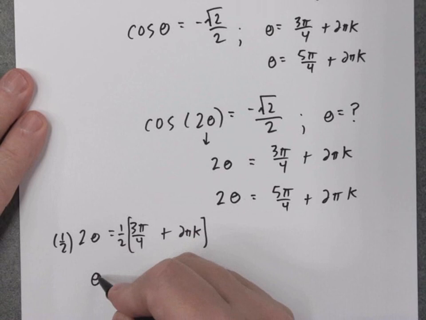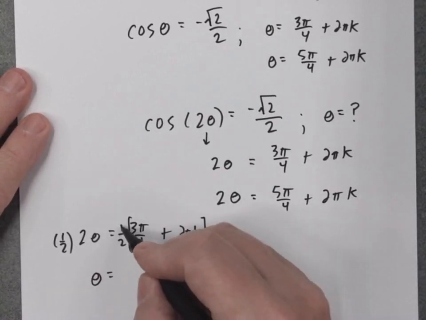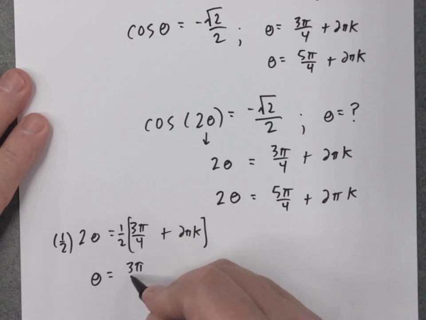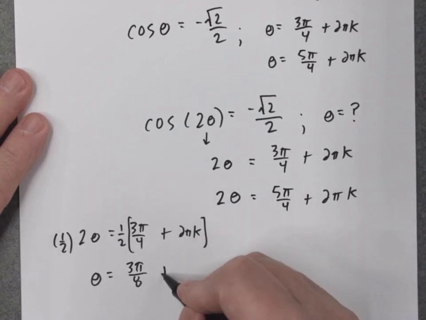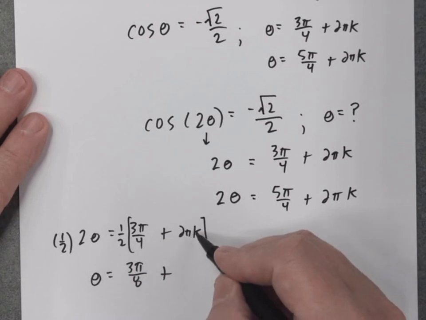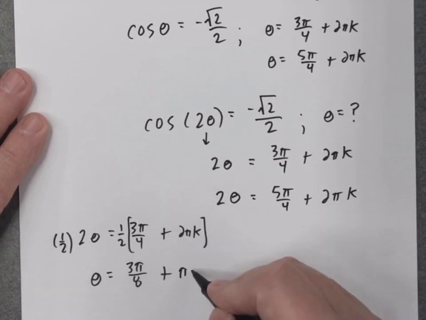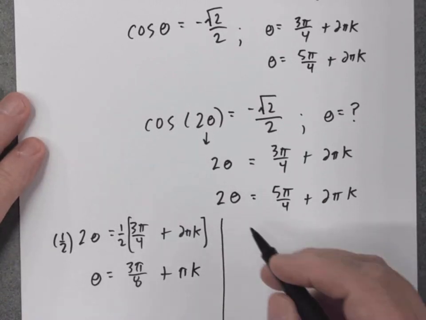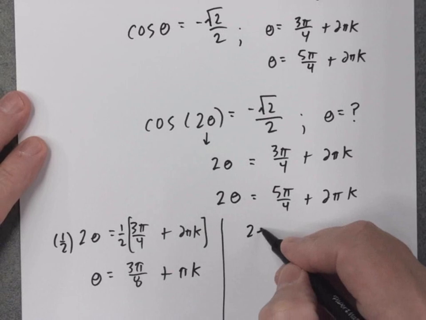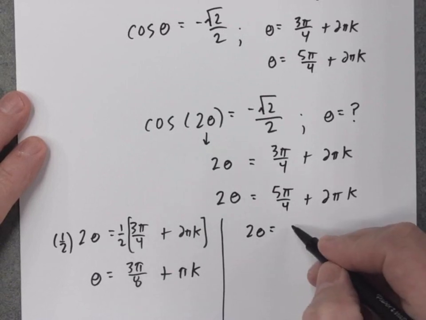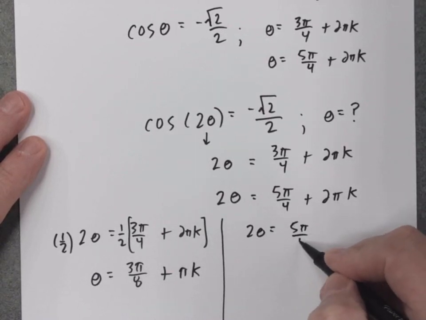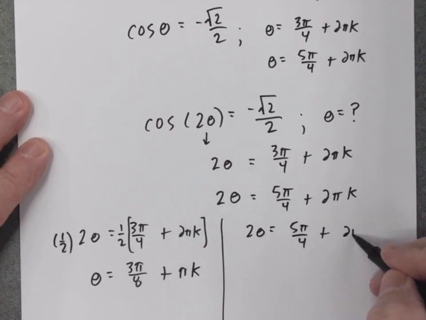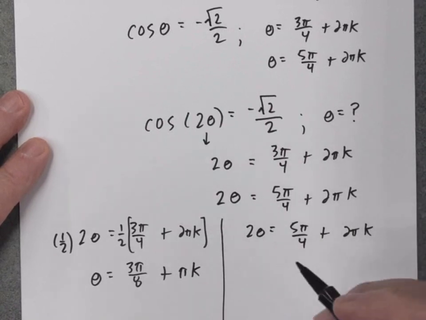So on the left-hand side, I now have theta, which is what I want. Now, a half times this is going to be 3 pi over 8. And then 1/2 times 2 pi k is just going to be pi k. Now for my second solution, I have to do the same thing. So my second solution comes from this equation, 2 theta equals 5 pi over 4 plus 2 pi k.